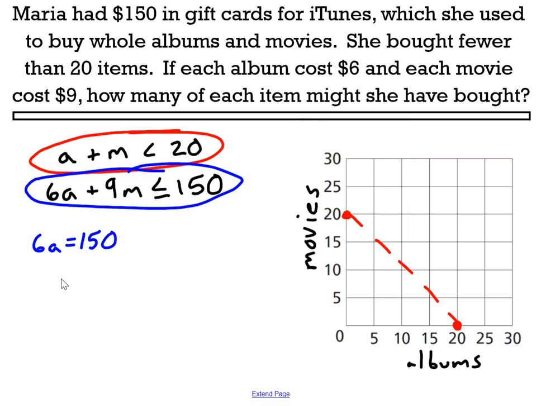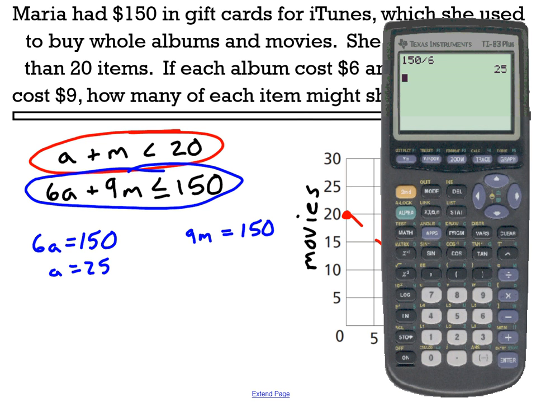So she could have bought 25 albums. We'll do the same thing for the movies. If she bought 0 albums, pull out our calculator. We'll do 150 divided by 9. So 16 would be the max she could buy.